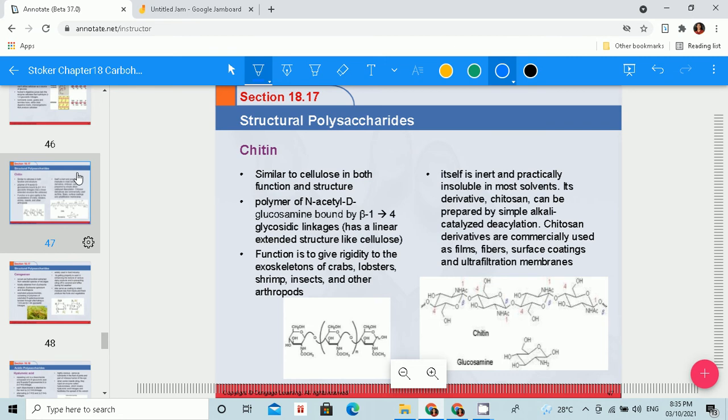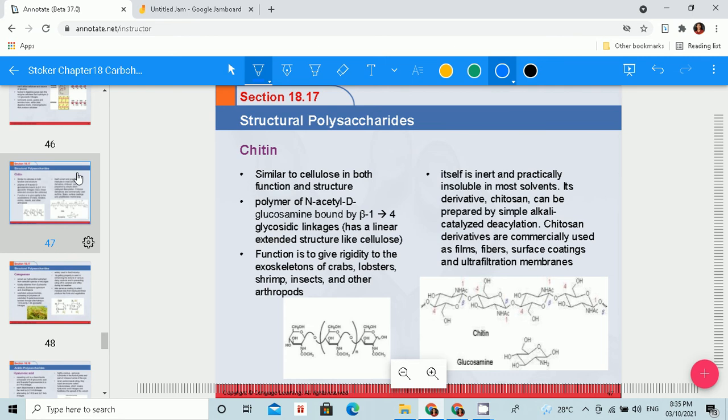However, kangkong and alugbati act as a good dietary fiber. So it's very good to eat those kinds of vegetables because they still act as a cleaner in our body.